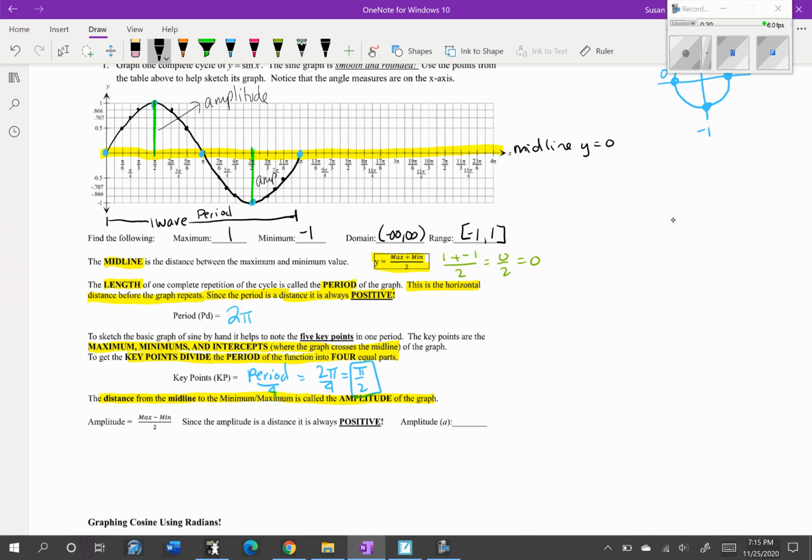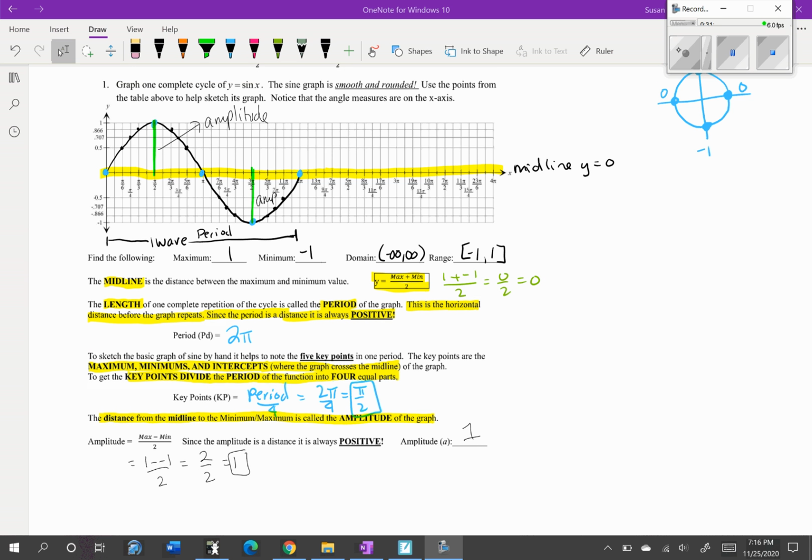To find the amplitude, you can take the maximum minus minimum divided by 2. So in this case, 1 minus negative 1 divided by 2 would be 2 over 2, which gives us an amplitude of 1, which you can even see on your graph. So that is one wave of our sine graph.